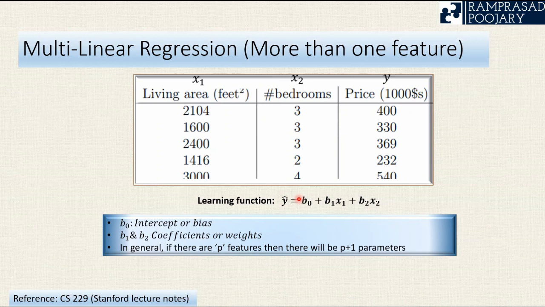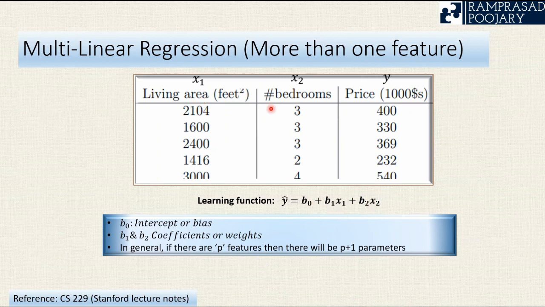The learning function for this will be something like this. So y cap, let us say, is the label, that is the target variable that you have. In that case, b0 plus b1 x1 plus b2 x2. b0 is an intercept, or you can also call it bias. b1 and b2 are the coefficients or the weights. The number of coefficients depends on the number of features.